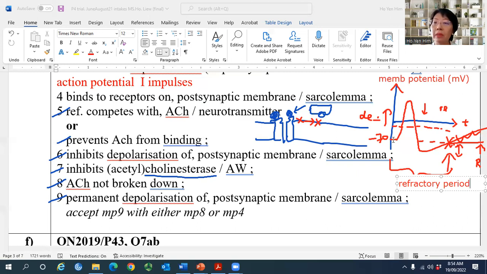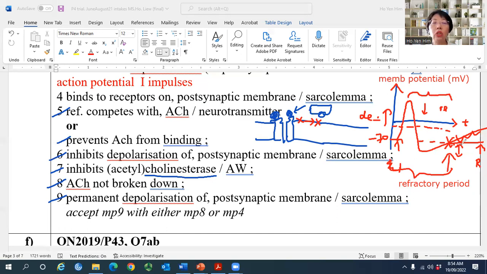So the stimulus comes in here. From the time it receives a first stimulus until the next point where it can respond to a stimulus, this is the refractory period. A lot of the time we have mistaken this for the recovery period.